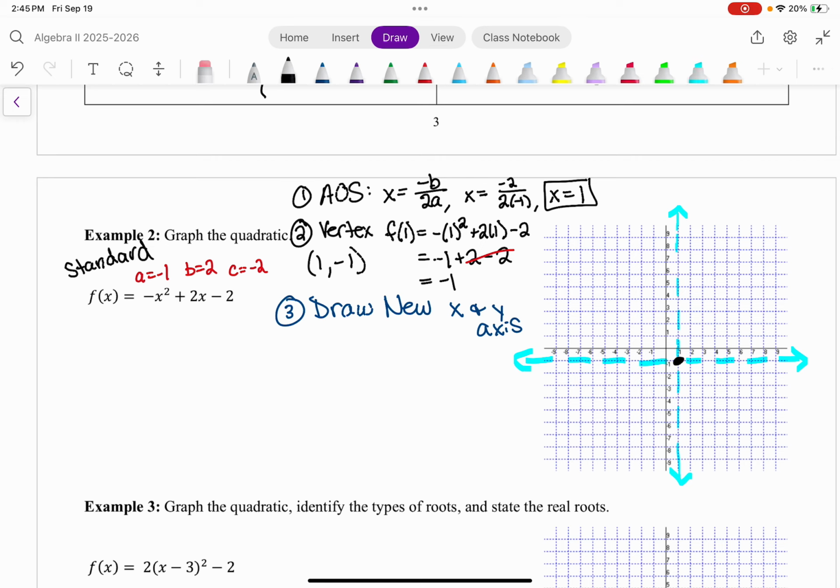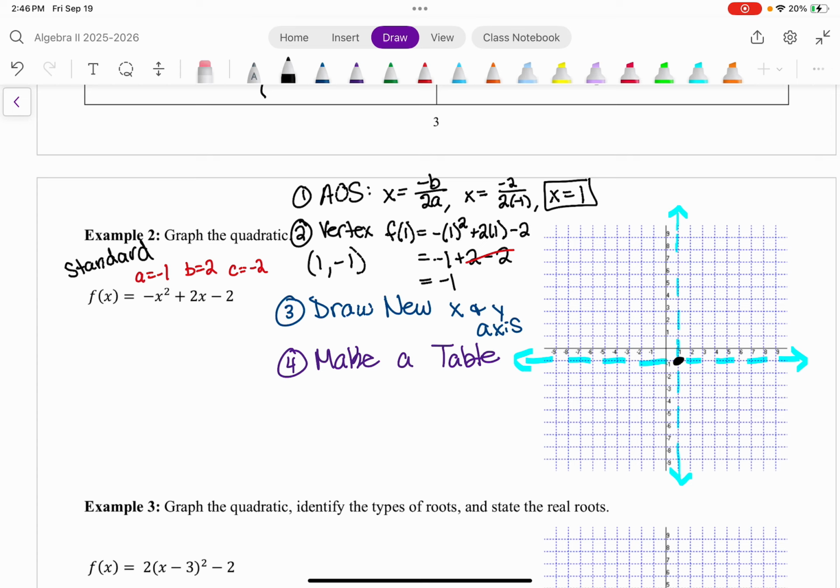After you have all of those x and y axes plotted, now we are going to use our table. So we're going to make a table. So right now, all we have used is our vertex to move our graph over 1 and down 1. We are still going to be using an x squared value.